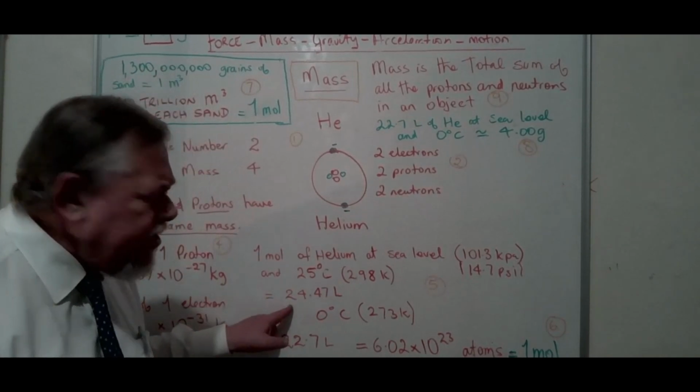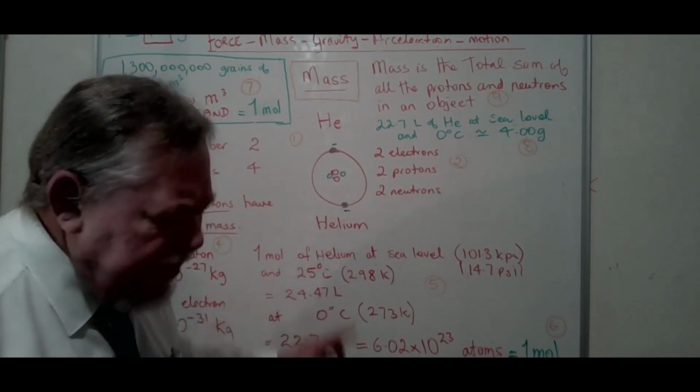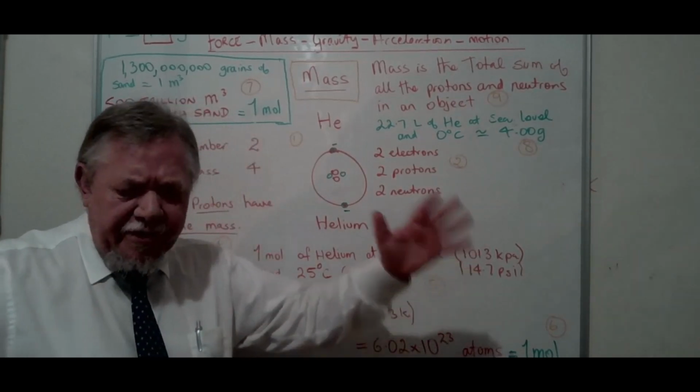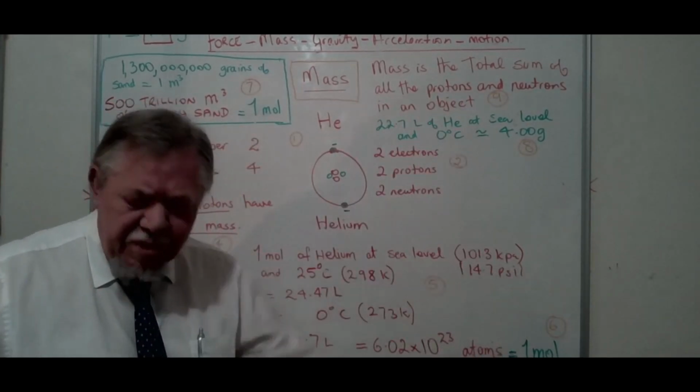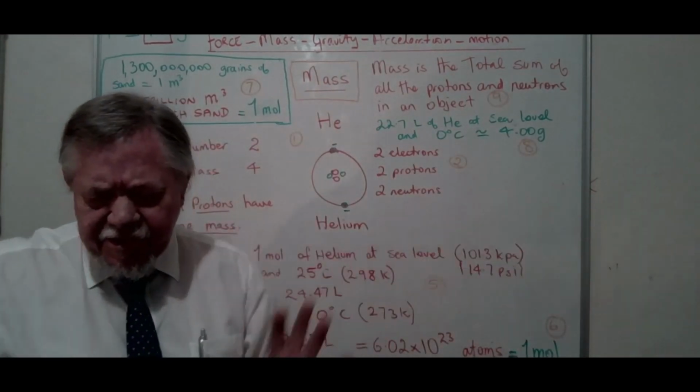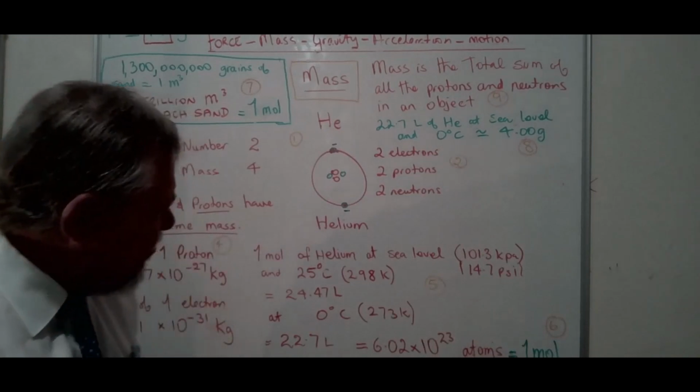We end up with 24.47 litres. So if you think about 24 or 25 litres, that's quite a big balloon. That's sort of that size. 20 litres would make quite a decent sized balloon.